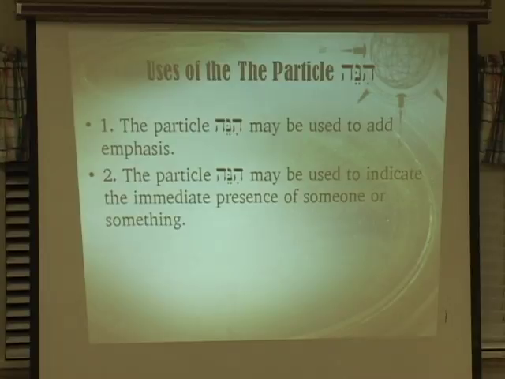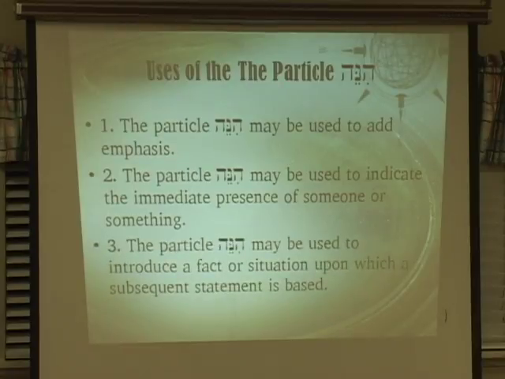Choose today, blessing or curse, obedience to God or disobedience to God. Something like that. And the third one may be used to introduce a fact or situation upon which a subsequent statement is based. Look, in the laws, it is stated, but I am telling you that this is how you should do it. Right? See that? Jesus used that a lot when he's preaching.